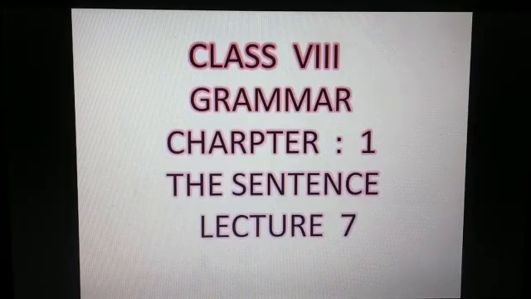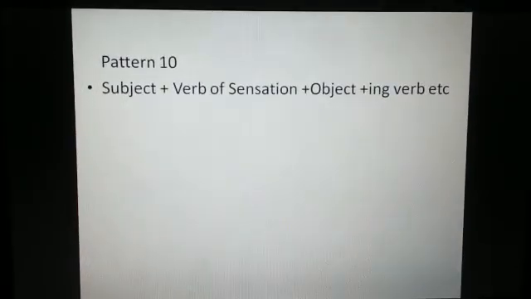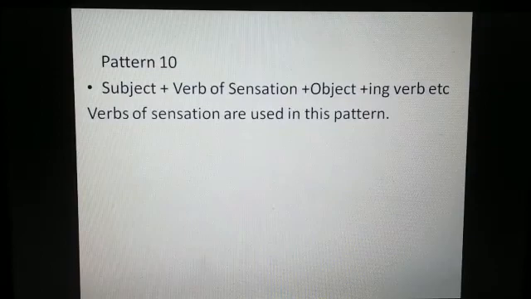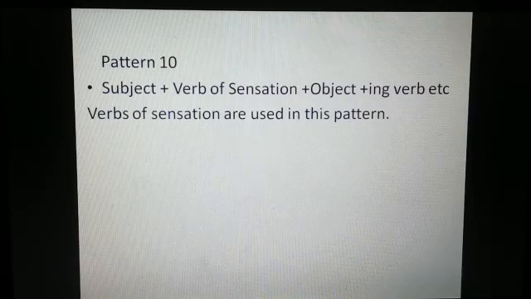Let's begin with the 10th pattern. Pattern 10: subject plus verb of sensation plus object plus ing verb, etc. Verbs of sensation are used in this pattern. The verbs of sensation which we have already used in 8th pattern, the same verbs will be used in this pattern.